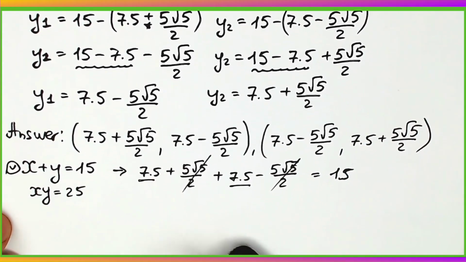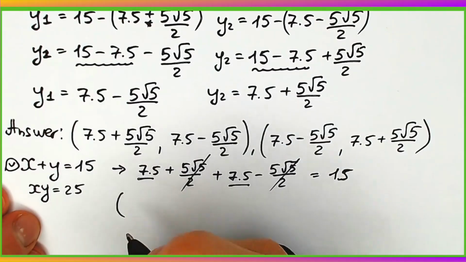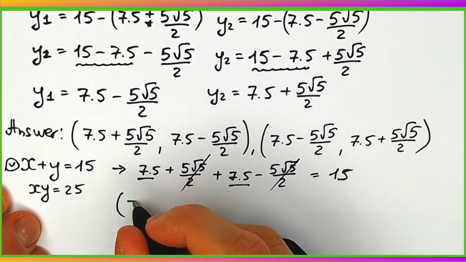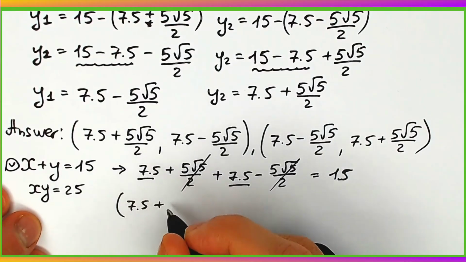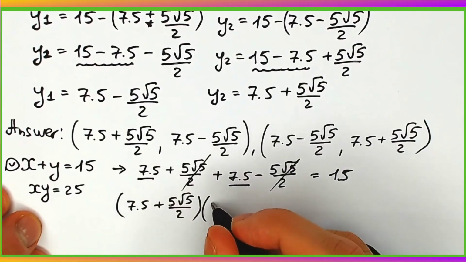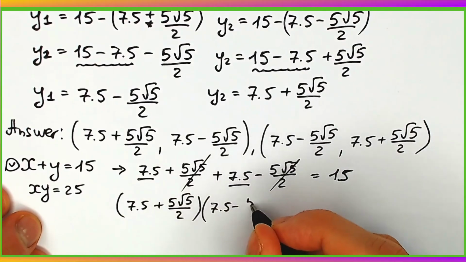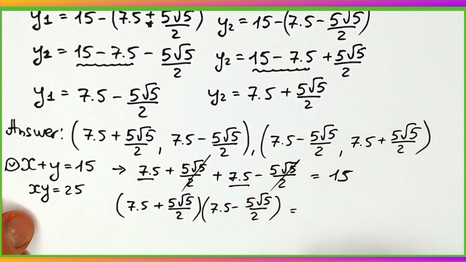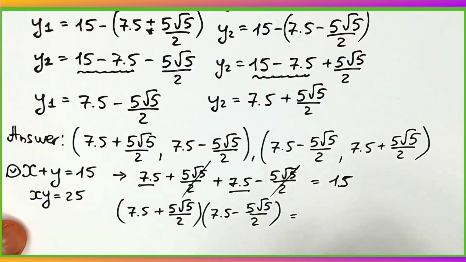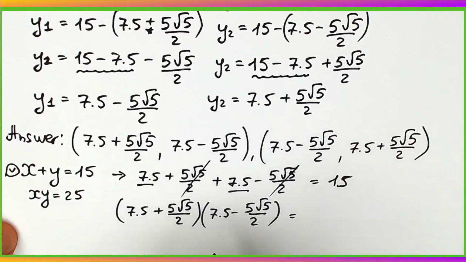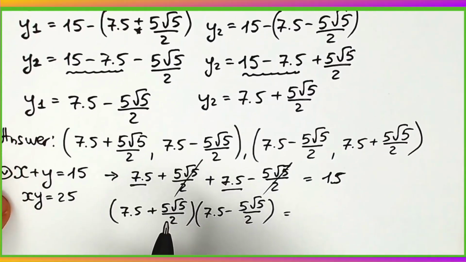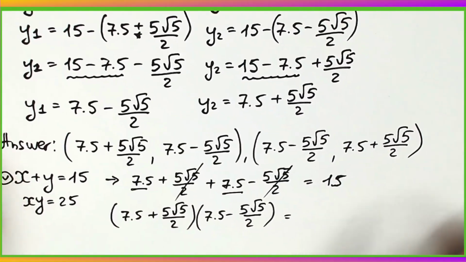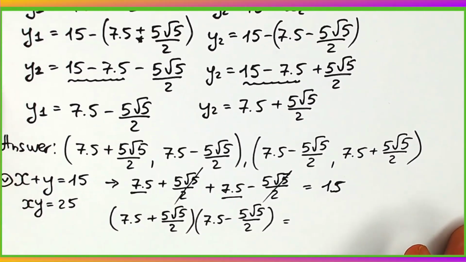And in the end, let's check our multiplication. So we have absolutely the same thing, but with parentheses. 7.5 plus 5 square root of 5 over 2, and we multiply it by 7.5 minus 5 square root of 5 over 2 equal to, and right now I'm going to say one really important and tricky moment, because a lot of students might be multiplying parentheses by parentheses, but I really hope you remember from school the difference of squares.